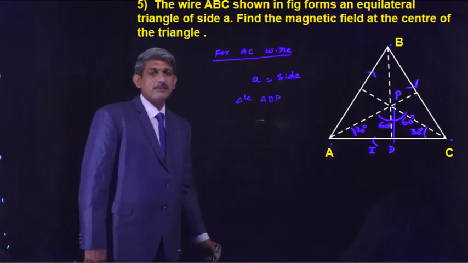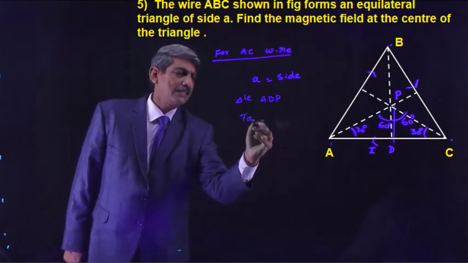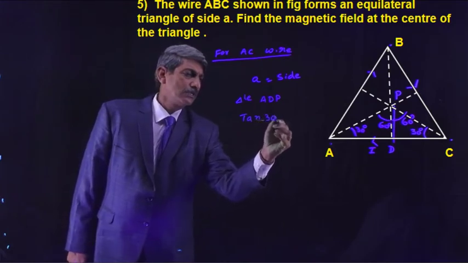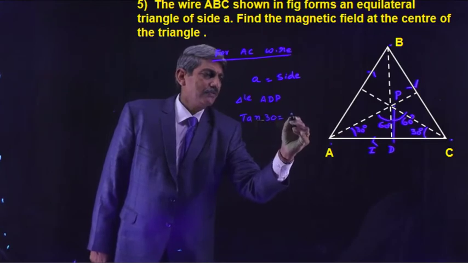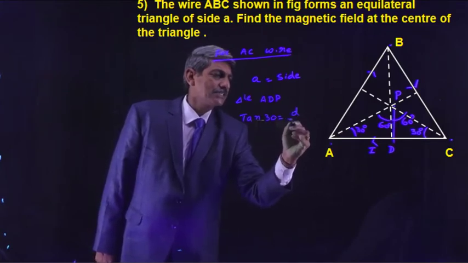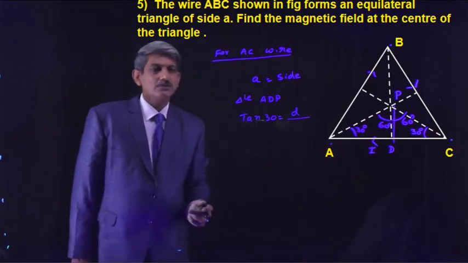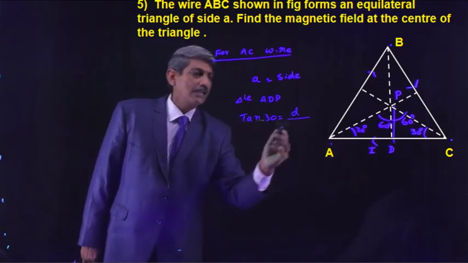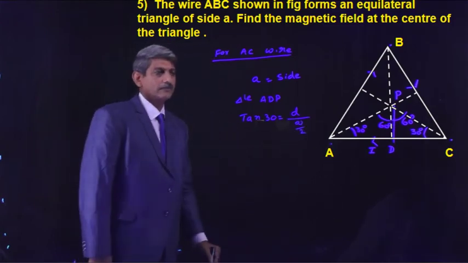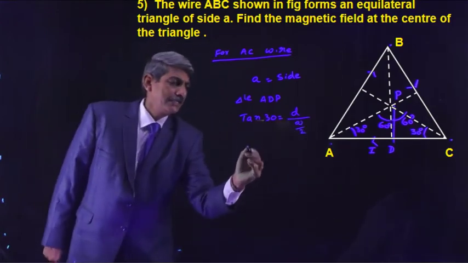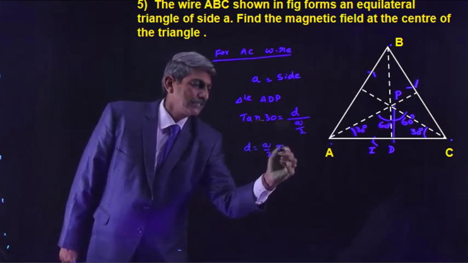We can write tan 30 is equal to the opposite side DP, which is nothing but the perpendicular distance, divided by AD, which is equal to half of the side of the triangle, that is A by 2. From this we can write d is equal to A by 2 tan 30.